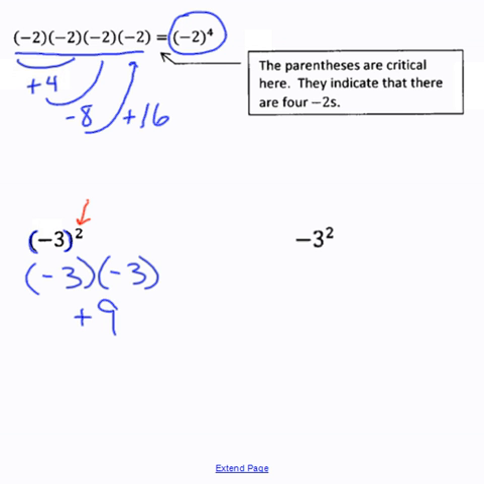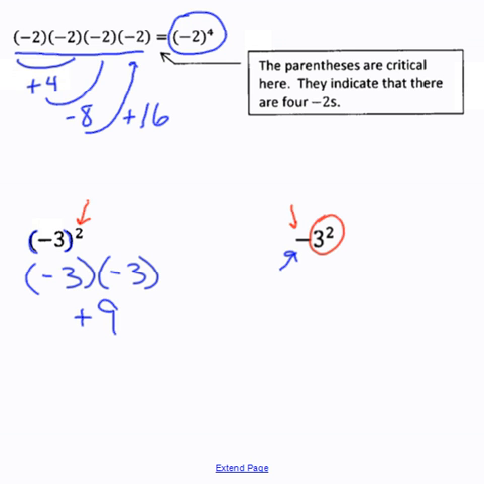This one, the negative sign is not inside parentheses, and so it's an order of operations thing. What we're really doing is squaring 3 first, and then putting a negative in front of our answer.